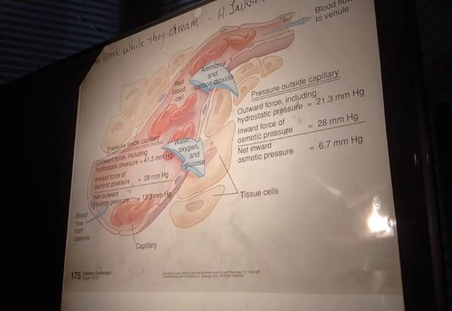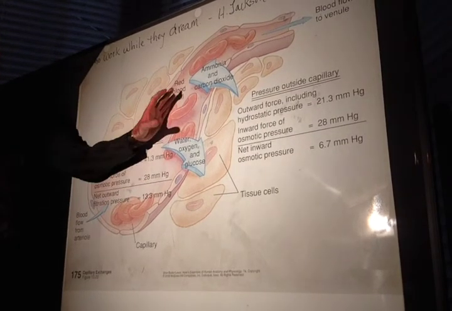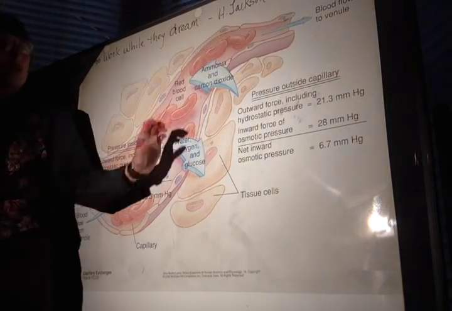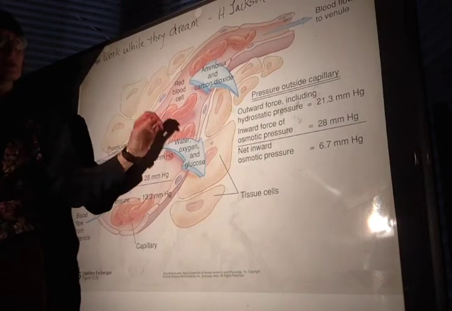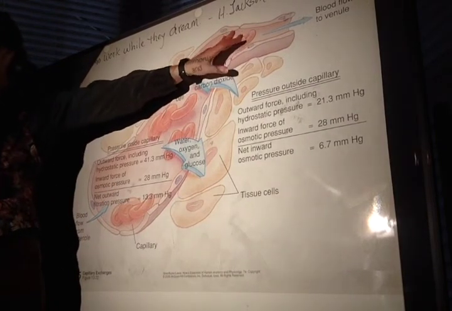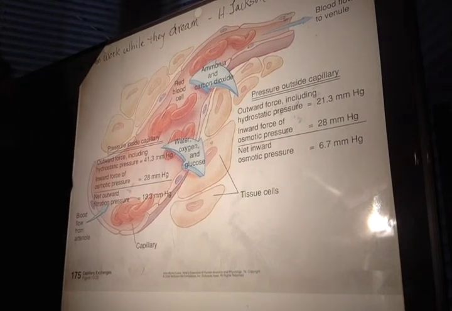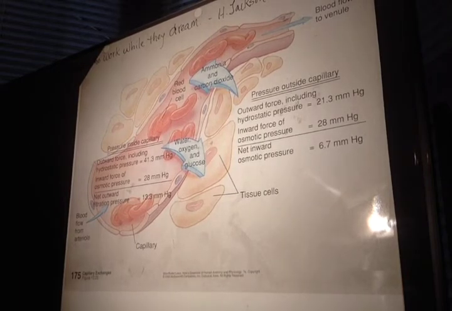Now, impress me. What's the quick and dirty definition of osmosis? Water follows the particles. On this end of the capillary, you've had water leaking out. So on this end of the capillary, you have less water and more particles that couldn't get out, correct?